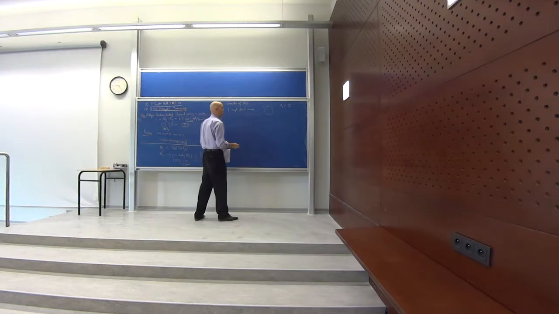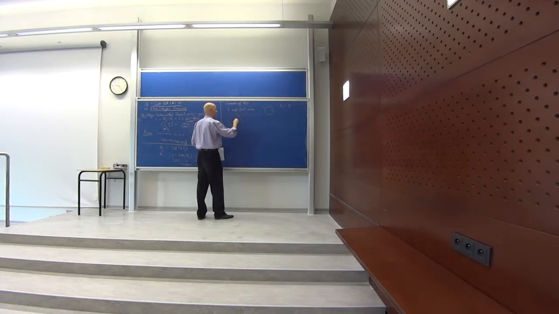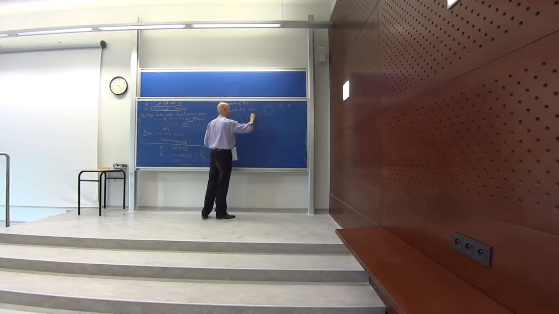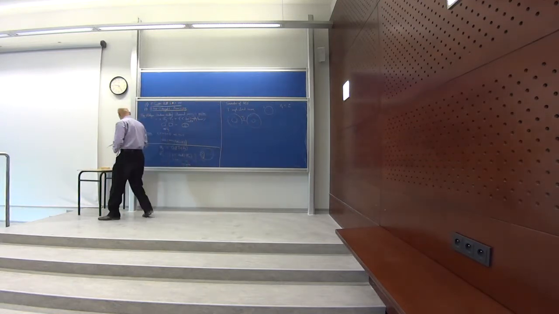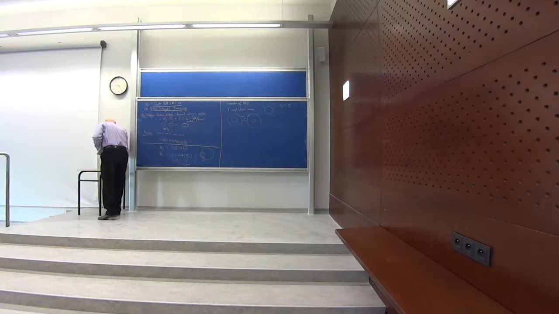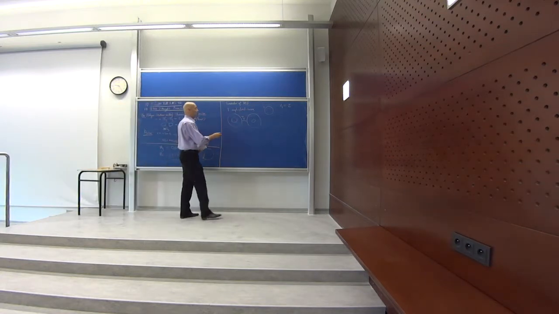And now, if this is your cylinder, you could define a transformation called left Dehn twist the following way.